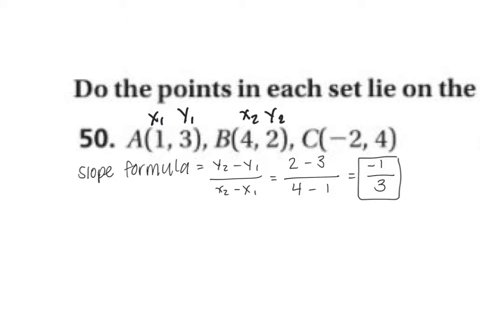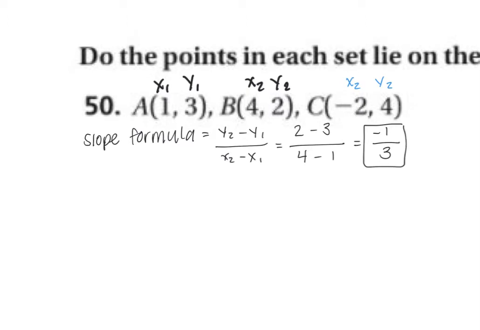Now to find out if C also lies on that line, we have to find the slope between C and either A or B. I'm going to use A, and I'm just going to label C as x2, y2. So I'm going to change my x2, y2. As long as the slope is still negative 1/3, we can tell that C also lies on the same line. So we're going to use that same formula, y2 minus y1 over x2 minus x1.